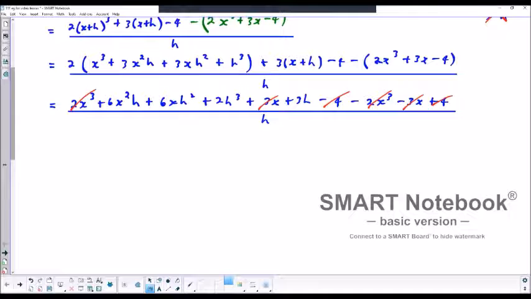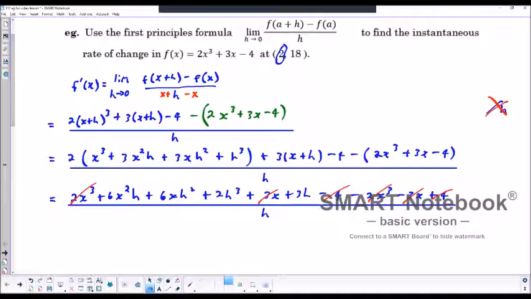Oh, sorry, and I apologize profusely here. We need to have this limit as h approaches 0 in every line. So that goes in here. I would be remiss if I were to leave that out.